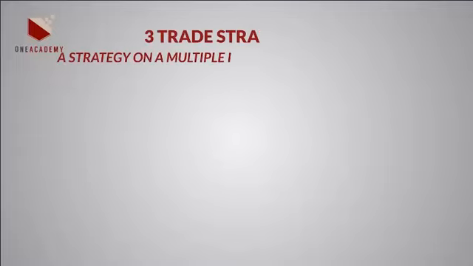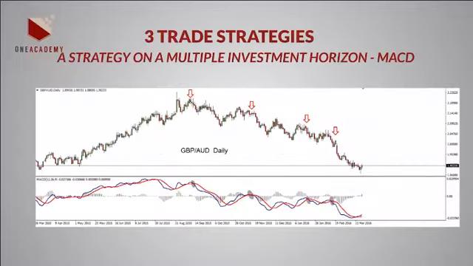Now let's take a look at our last strategy, one that has proven to help millions of traders like you. A strategy on a multiple investment horizon using the MACD, the moving average convergence divergence. The strategy outlines that when the line of MACD is positive, that is above zero, then my trend is considered to be bullish.